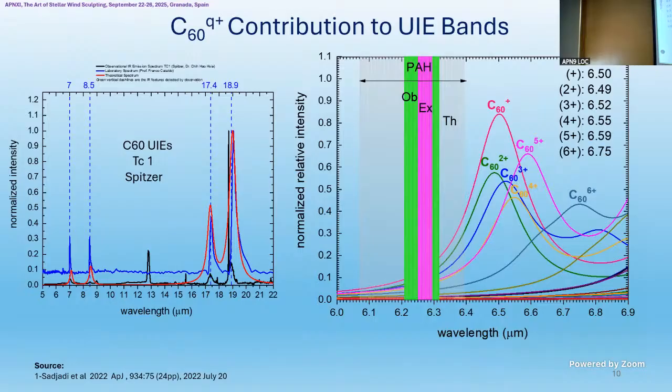Okay, while the fullerene itself contributes to UIE bands of 7, 8.5, 17.4, 18.9, we calculated the contribution of these cations from 1 plus to 6 plus, starting around 6.5 micron, without interfering with the PAH.